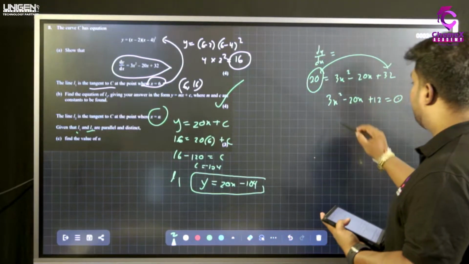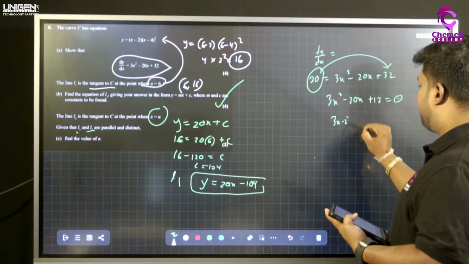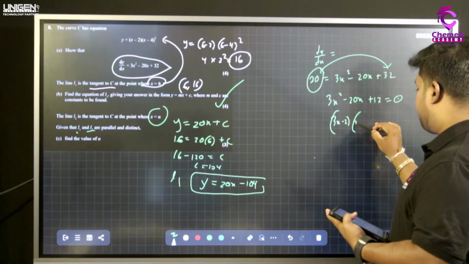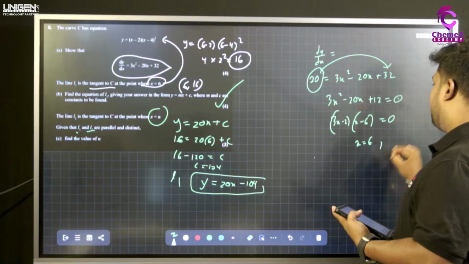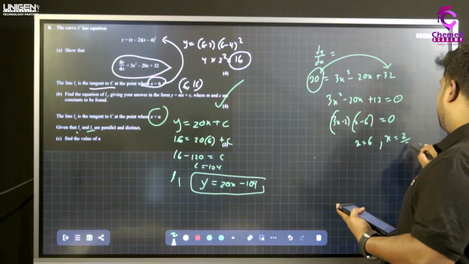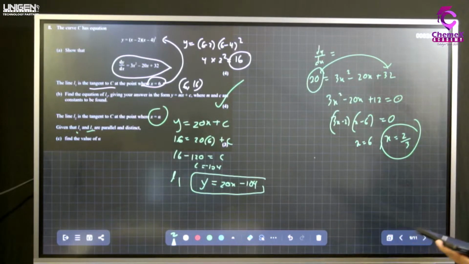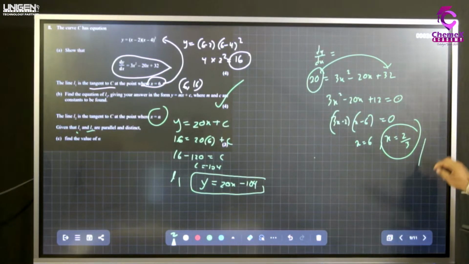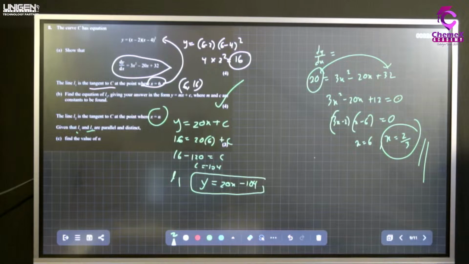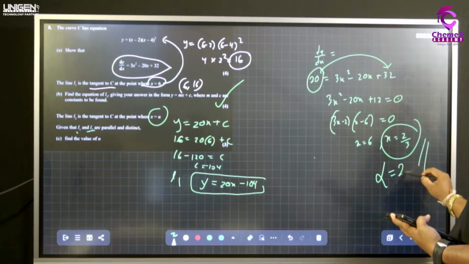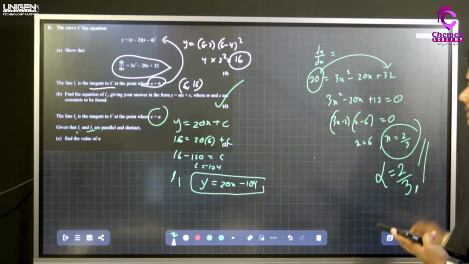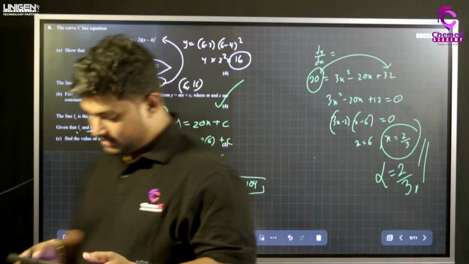If you solve this, you get 3x minus 2 in one bracket and the other one x minus 6. So x equals 6 we already found. What's the other x value? You can get the same tangent: x equals 2 over 3. So what's alpha? 2 over 3. Any questions with it?